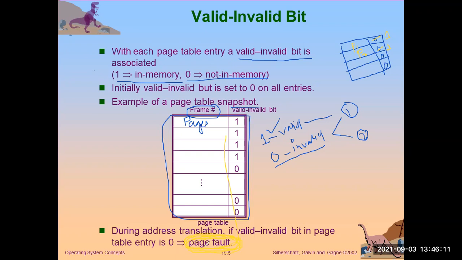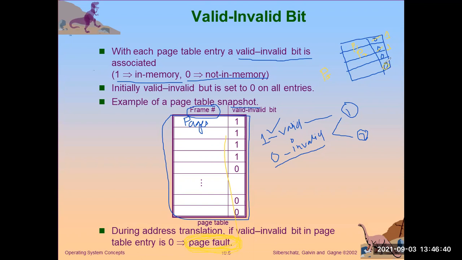Now, if a page fault occurs, what do you have to do? If it is a valid request, I have to bring back that page. Suppose the process is requesting page 5. You can see page 5 is not present here, according to the frame number. Suppose it belongs somewhere here, but it is not present because it is 0. If it is 0, understand that there is a page fault.